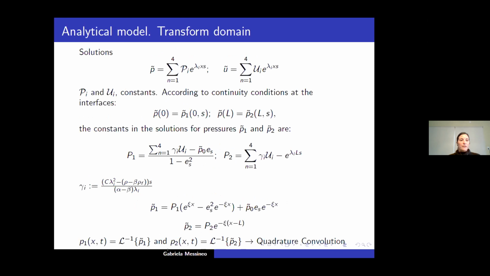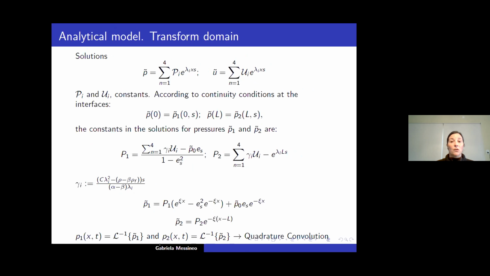Then the solutions result in terms of lambda sub I, which are the roots of the system, the eigenvalues, of the system of coupled equations. And U sub I and P sub I are also constants. Using the continuity conditions at the interfaces, the constants P sub 1 and P sub 2 can be found.